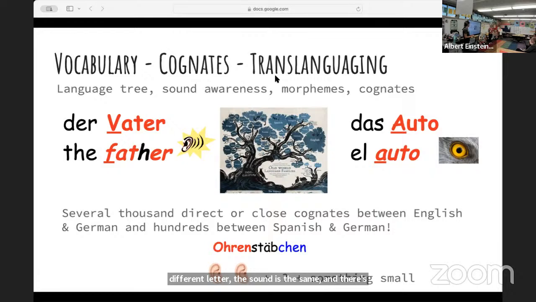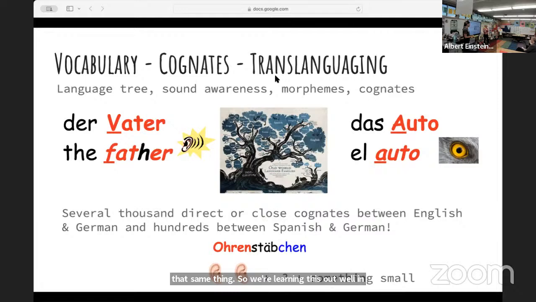So that awareness in students will give them the, I'm seeing a word that looks like tunnel. If I pronounce it English, it would be tunnel. Most of them sit here and they have no idea that this connection exists, and it's so important that they know that. Same thing. So we're learning das Auto. Well, in Spanish, it might not be the most common term, but they know el auto.